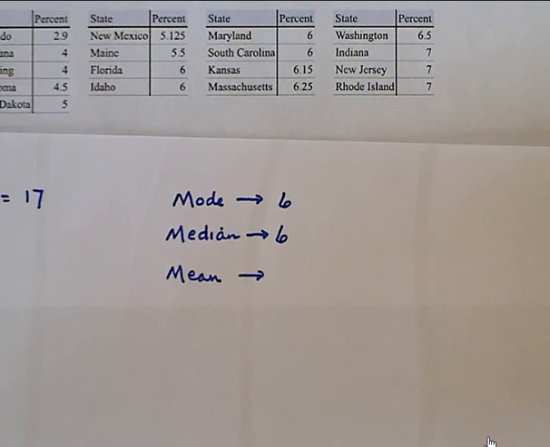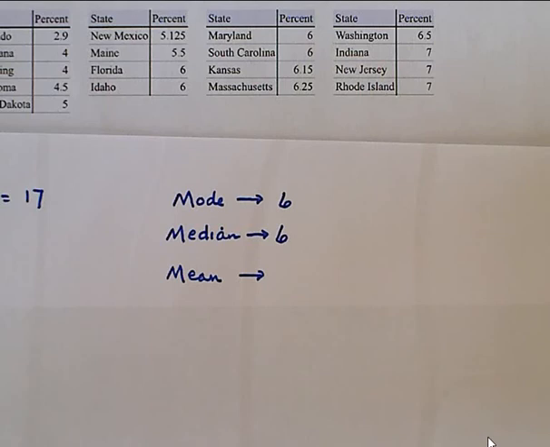So with my calculator, I've got 2.9 plus 4 plus 4 plus 4.5 plus 5, then 6.15, 6.25, 6.5, and then 7, 7, 7.